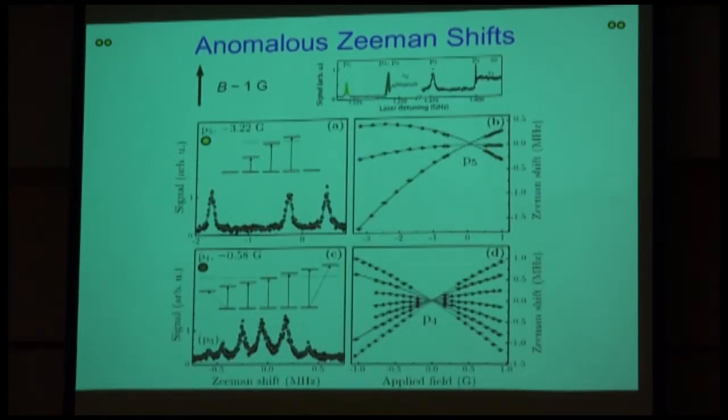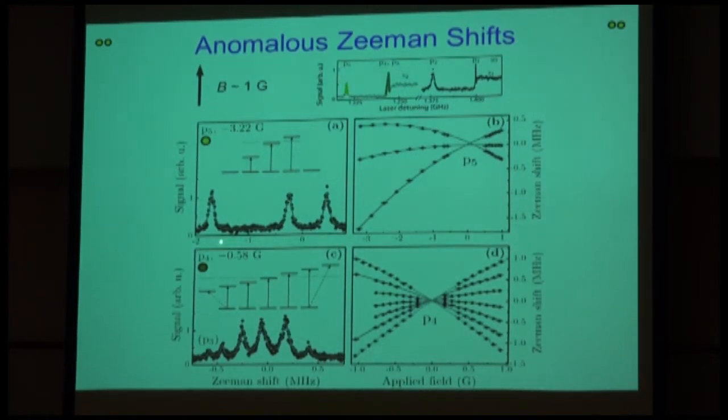So one interesting effect that we discovered is that if you look at these very weakly bound molecules near the singlet triplet threshold, we get anomalously large Zeeman shifts. So again, this is this trace of strontium-2 molecules, this atom recovery or molecule fragmentation trace, and we zoom in on these two peaks.